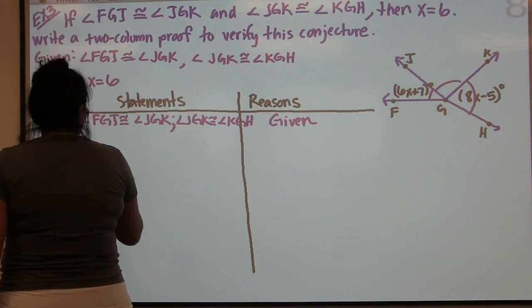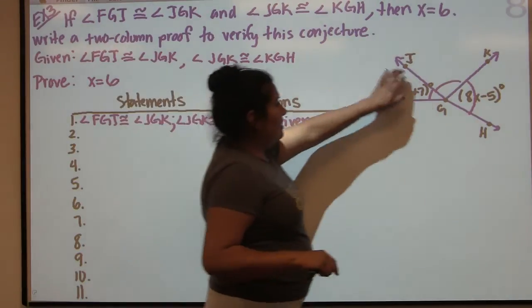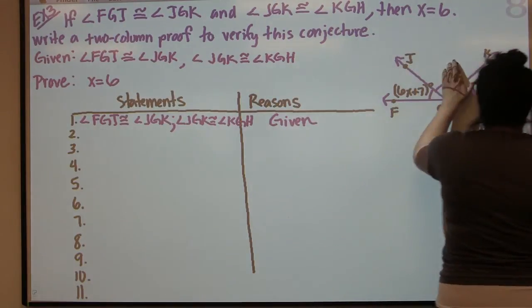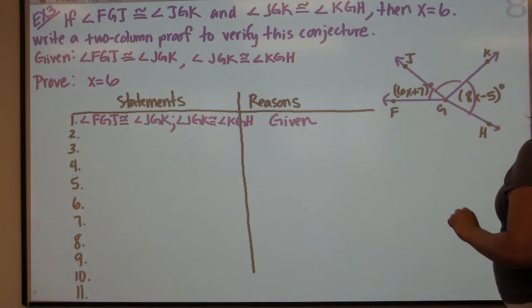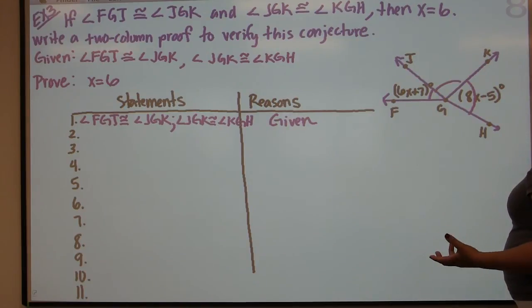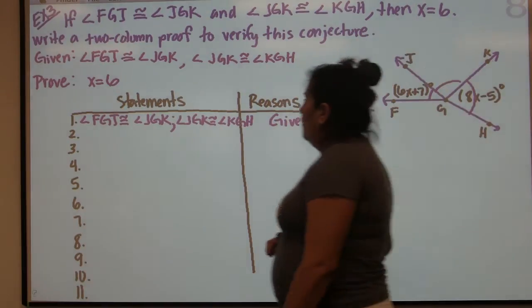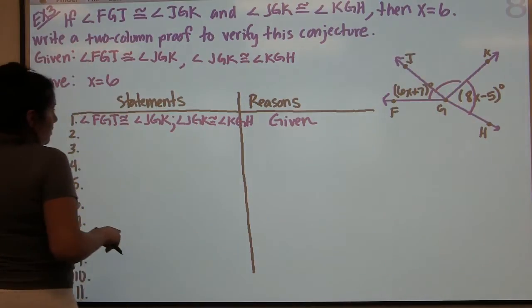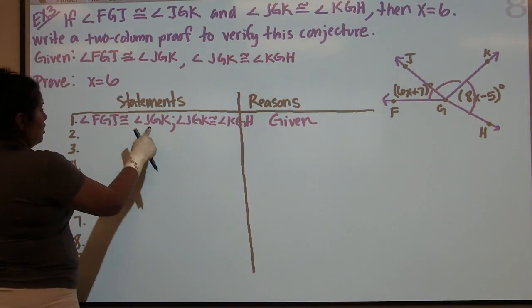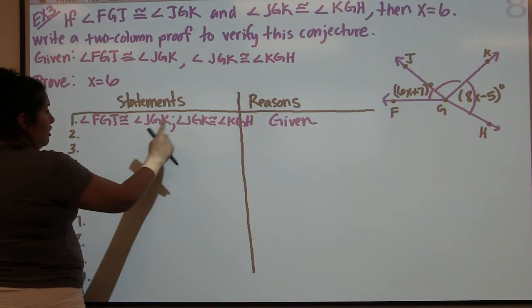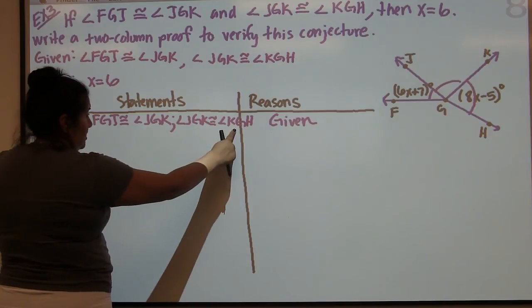We don't know what JGK is as far as the algebraic expression. We weren't given one. So we're actually going to use a transitive property first. And so we have FGJ is congruent to JGK, and in turn JGK is congruent to KGH.